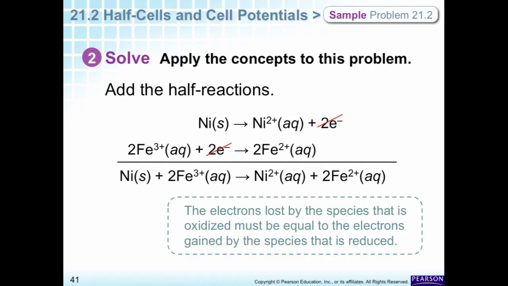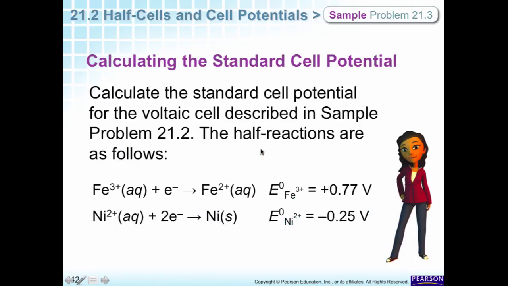And notice the coefficients. This is another way to balance the equation. Notice the coefficients here and here. That's because when we multiply through to get the 2 electrons to cancel out. All right, and then let's look at the cell potentials, which I showed you before.